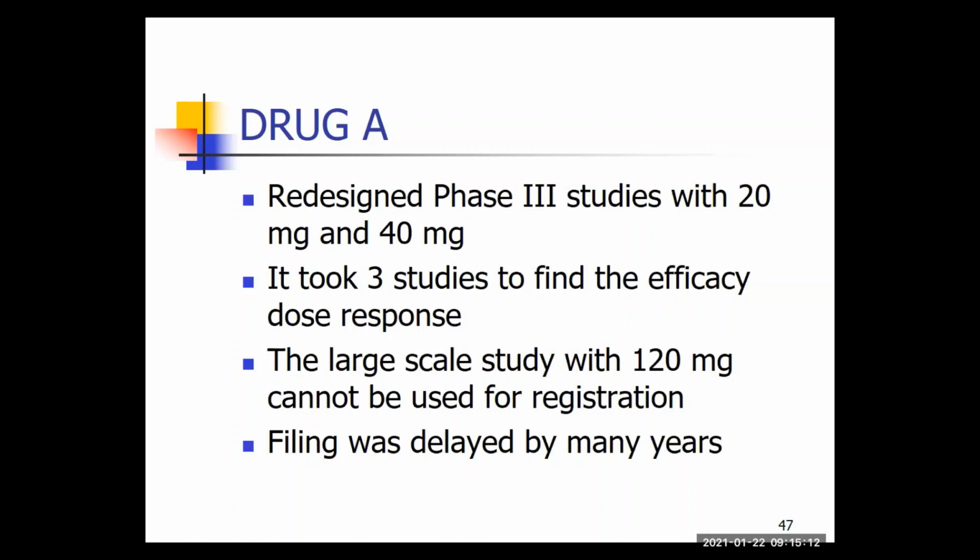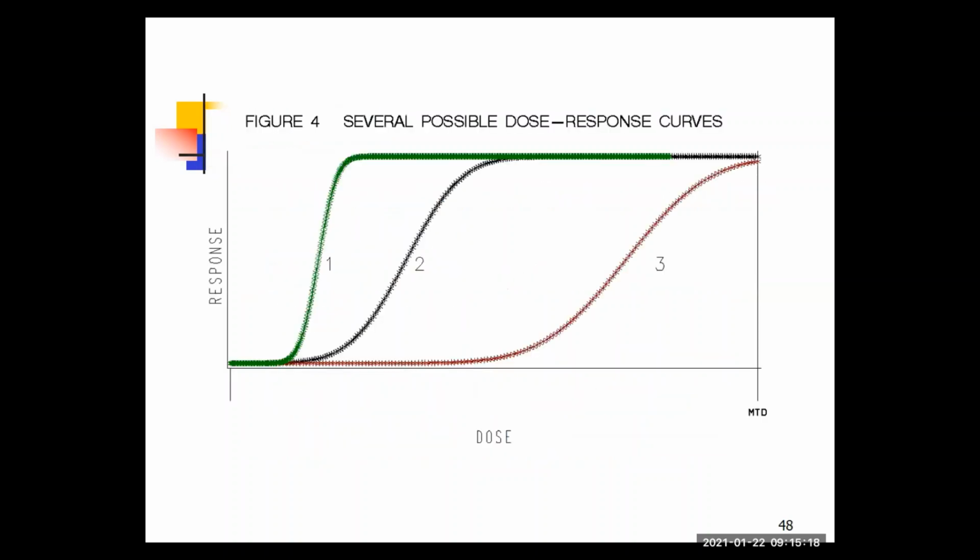So what is the problem with this set of studies? The fundamental issue is as follows. If I'm designing a first dose ranging trial for this test drug, I'm making 2 key assumptions.